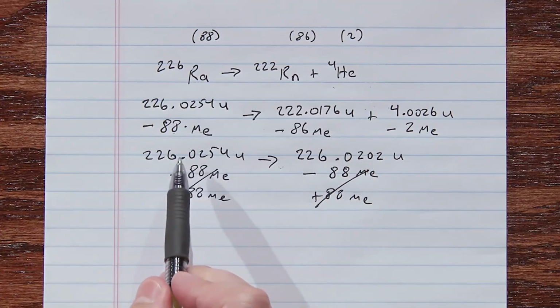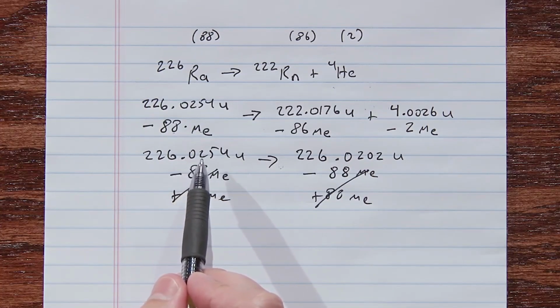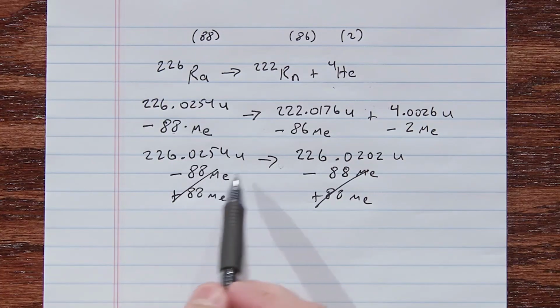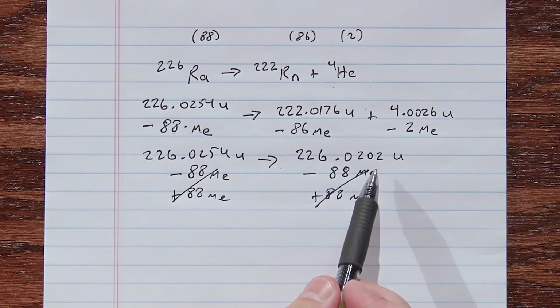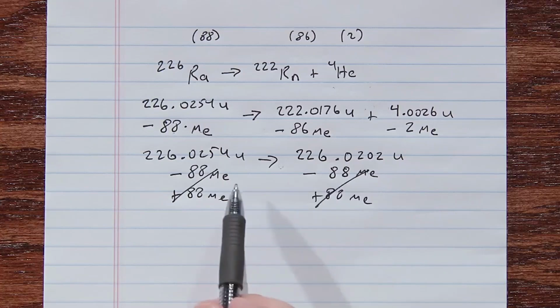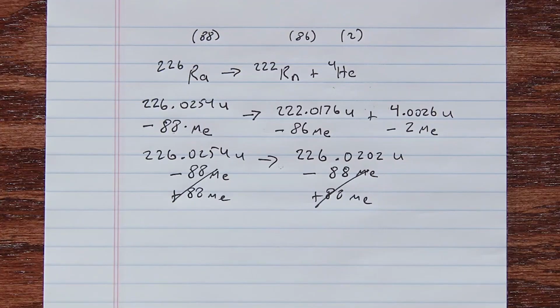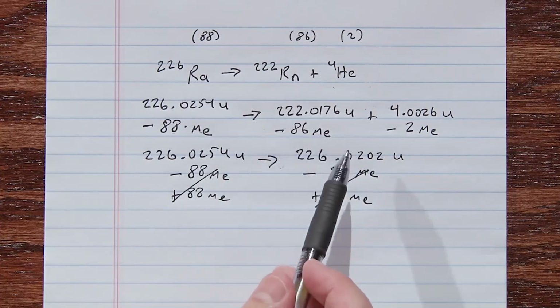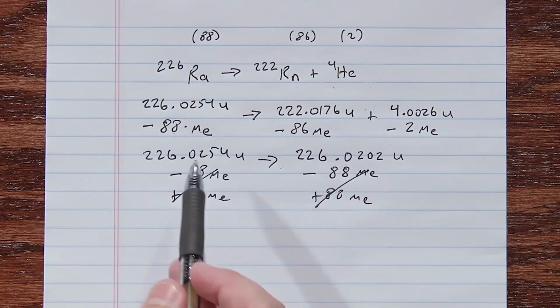So you can see that we're going from 226.0254 to 226.0202, and we're subtracting 88 times the mass of an electron from both sides, so those electrons aren't going to make a difference when I subtract this mass from this one, or this energy from this one.